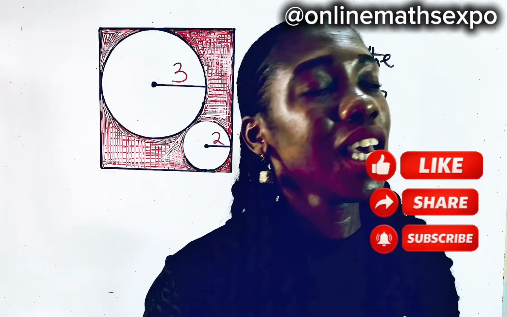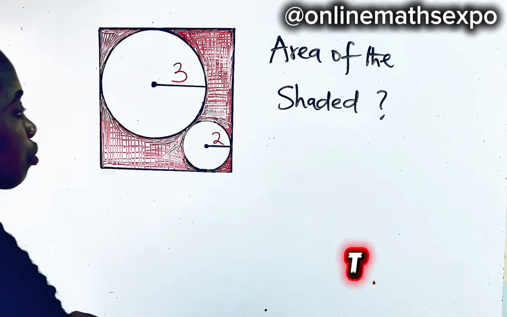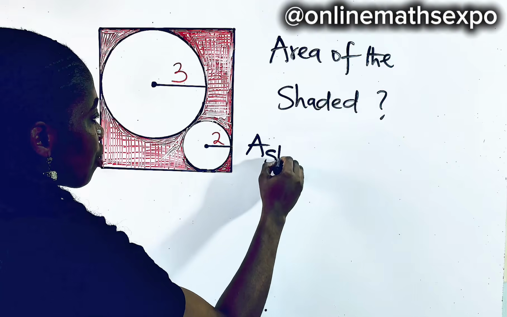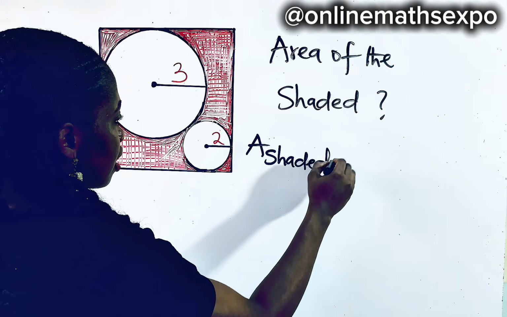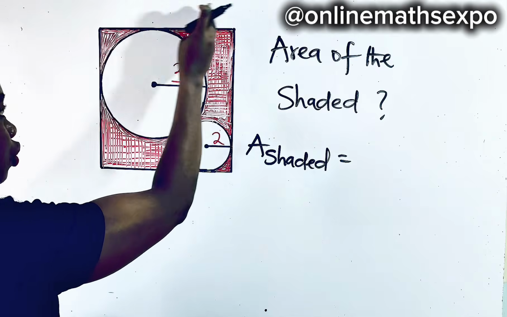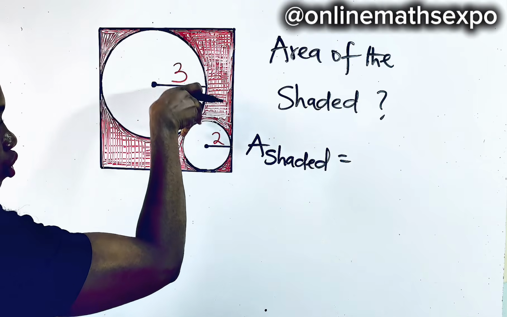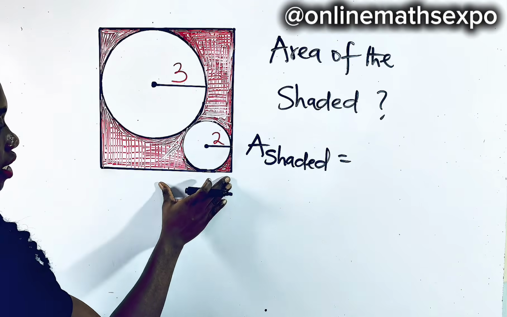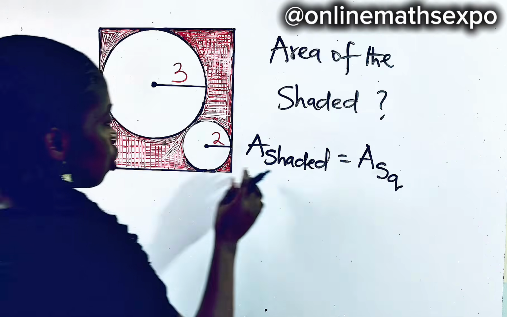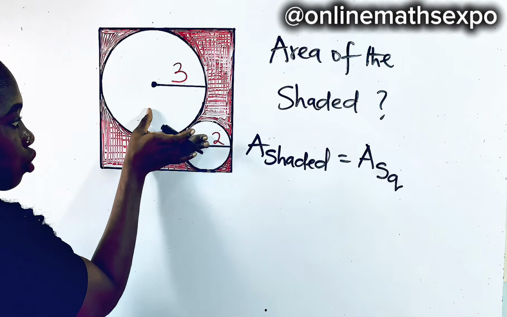It's just so easy. Now, for us to find the area of the shaded, we simply get the area of the square, because that is where these two are in. So let's get the area of the square. And when you do that, you can now subtract these two areas.